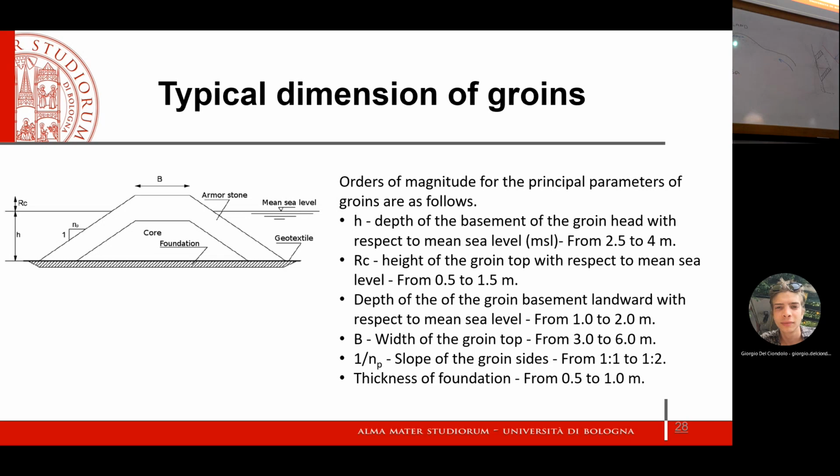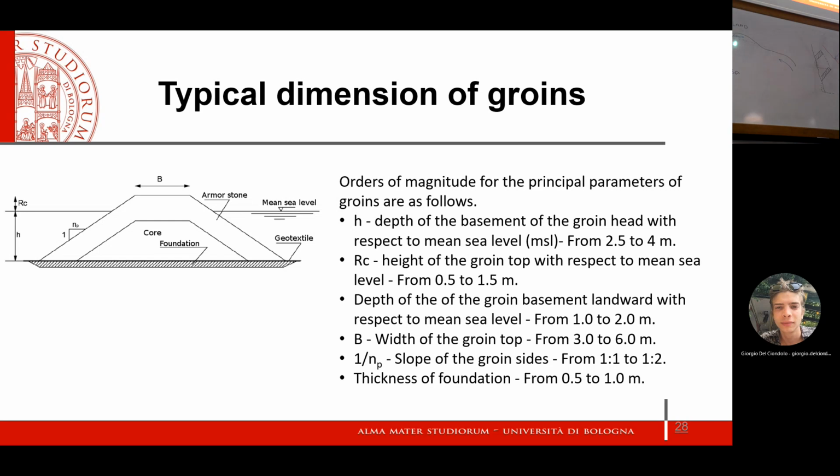The regional administration typically doesn't ask for a refined assessment, a numerical model or a small scale model, which means a reproduction in the lab of the intervention, which, by the way, is often done with coastal defenses and also with harbor interventions.